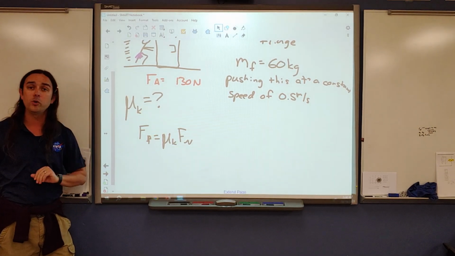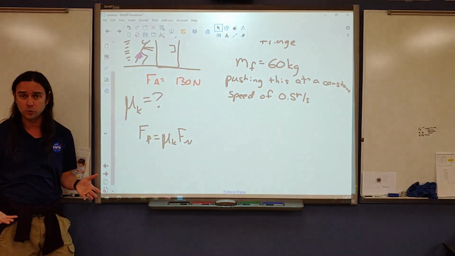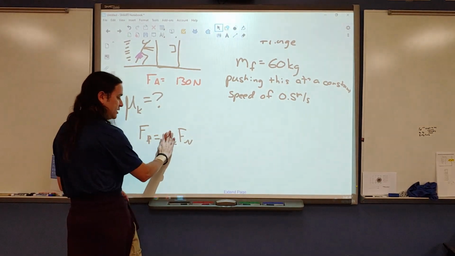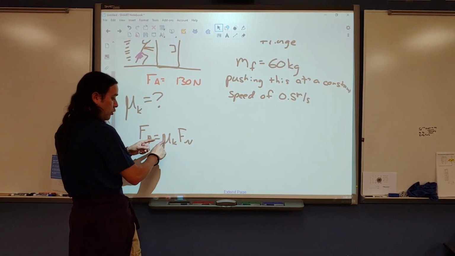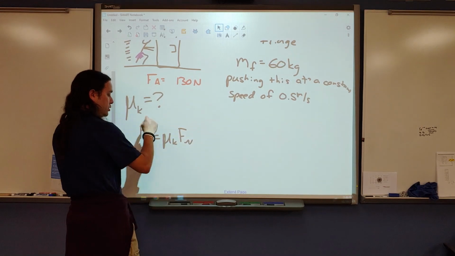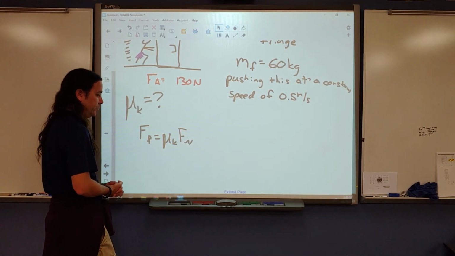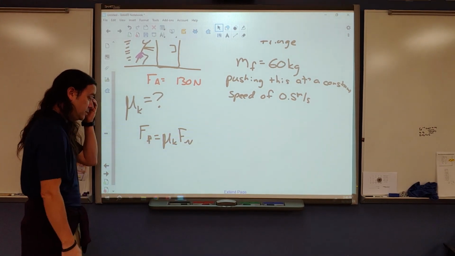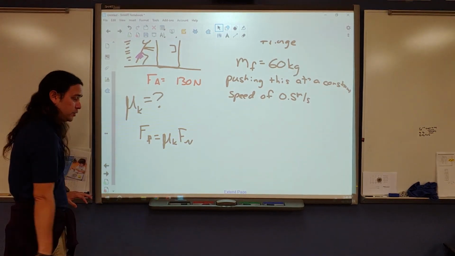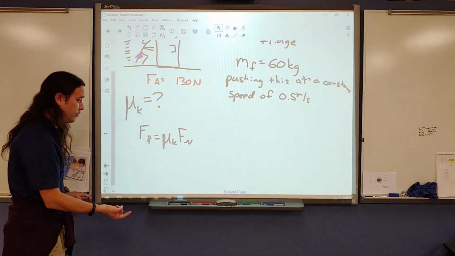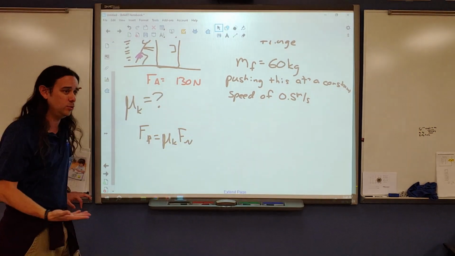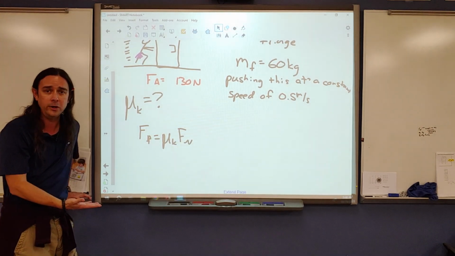So, we know which equation we're going to have to use. In order for us to get this value, it means that to solve for it, we need to know our normal force and we need to know our force of friction. Okay, well, that provides some problems because one, force of friction, I only have one equation for that, and it's this equation, so I can't use that equation on two unknowns.